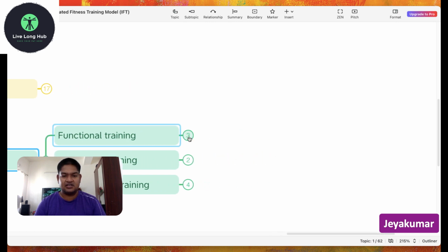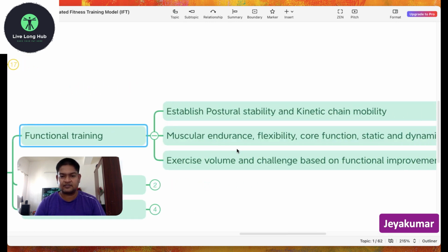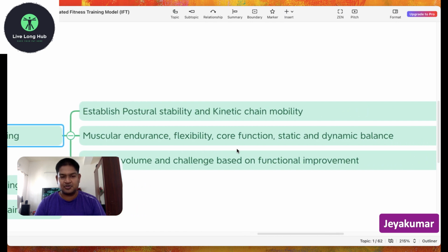First let's see the functional training. Here the objective is going to be establishing postural stability and also kinetic chain mobility. The focus is going to be improving muscular endurance, flexibility, core function, and also static and dynamic balance.